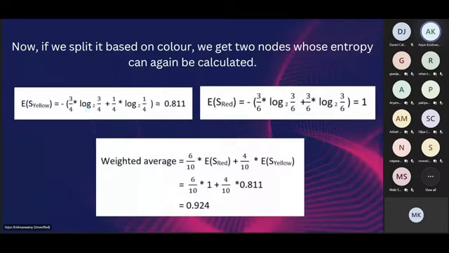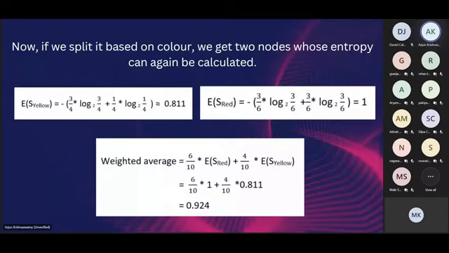Here, four observations have color yellow, six observations have color red. Out of the four observations which have yellow, three of them like Red Bull, three have outcome yes and one has outcome no. And here, three of them have outcome yes, three of them have outcome no. When we find the entropy values for these two, we get 0.811 and 1. 1 is a very high entropy value because half of the observations are yes and the remaining half no. So it's very impure.